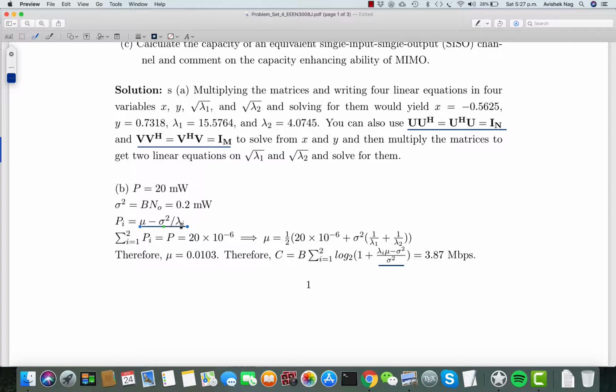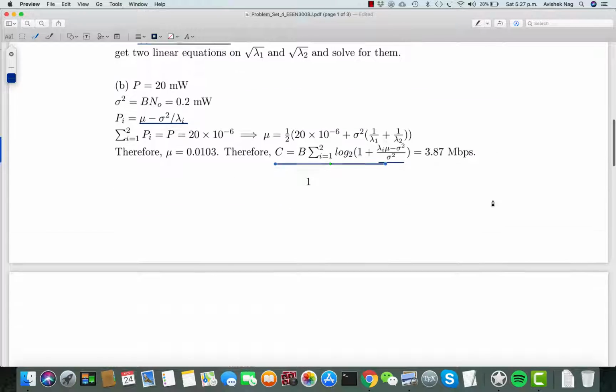You know the lambda i's, which are lambda 1 and lambda 2 from part A. You can use this equation, and the total power will be equal to 20 milliwatts. This will give you the value of mu, and once you calculate mu, you know lambda 1, lambda 2 and the bandwidth B, so you can calculate the capacity based on this formula, and that will be equal to 3.87 megabits per second.